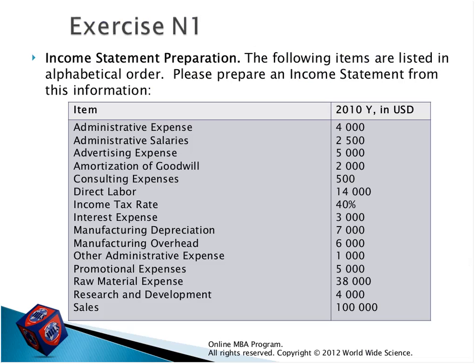The first one, exercise number 1. The following items are given to you in a table listed in alphabetical order. You have to prepare the income statement from the table given in the gray box. Here are given the items, the transactions, and the amounts, the values of those transactions.